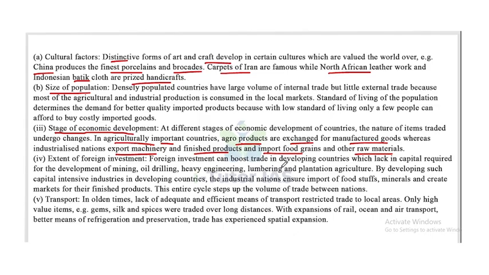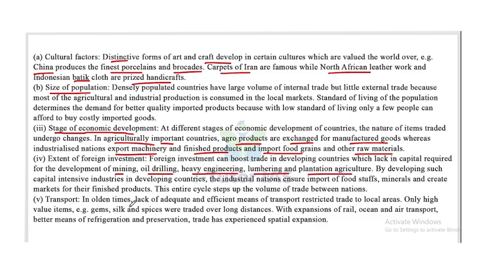Now, extent of foreign investment. What is extent of foreign investment? Foreign investment can boost trade in developing countries which lack the capital required for the development of mining, oil drilling, heavy engineering, lumbering, and plantation agriculture.